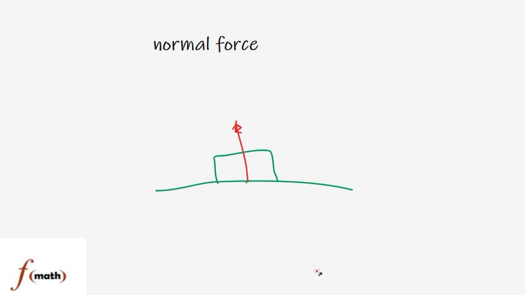The normal force is counteracted by g, the weight of an object, which is always acting this way. To keep the object stationary, there are always two forces.